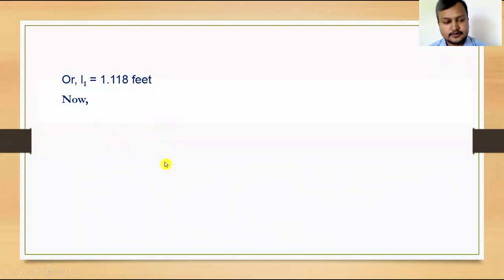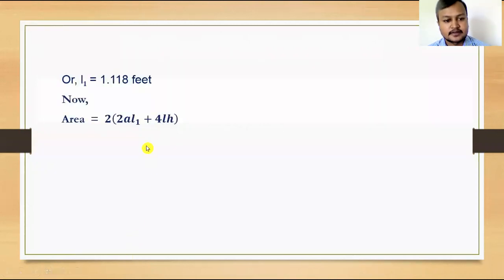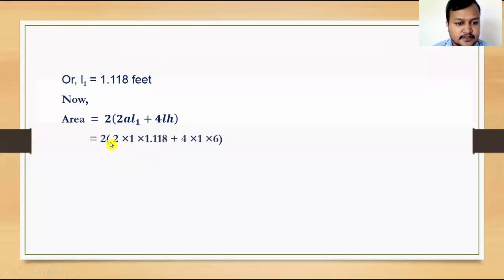And put all the values which we have here. हामीसँग L, B, H, H1 as well as L1 and A, these all values we have. यो भ्यालुहरु हामीले यहाँ सब्स्टिट्युट गर्नुपर्ने हो. So if we substitute the values, 2 into value of A is 1, L1 is 1.118, 4 LH, 4 into 1 into H, height of cuboid is 6 feet.